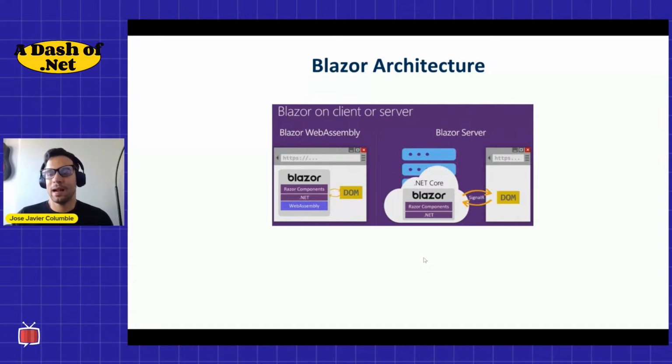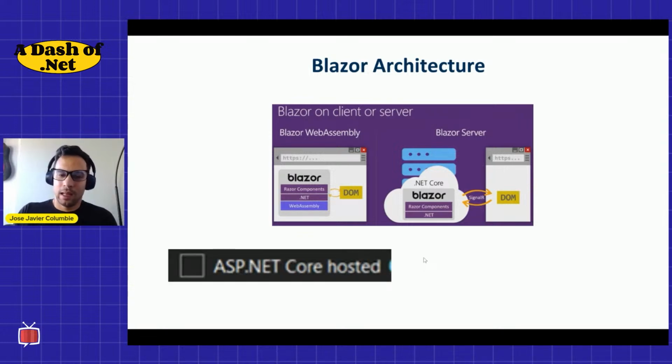But there are places where you will want to take advantage of the Blazor Server architecture, and there are places where you will want to take advantage of the Blazor WebAssembly architecture. If you're doing a lot of processing that you need to send to the user's hardware to handle, you can use Blazor WebAssembly. If you're doing some more secure, confidential things, you can use Blazor Server that way.